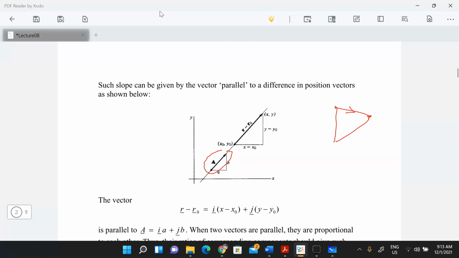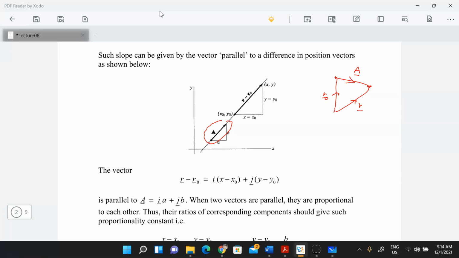Previously it was R, and this would be like R naught, and then the vector A. But over here it's not quite that. This vector is only specifying the direction. It doesn't have the direct connection with this R naught and R. So I'm just going to write a particular vector that is directed along this specified vector A.